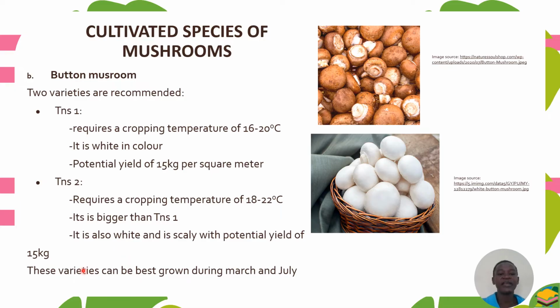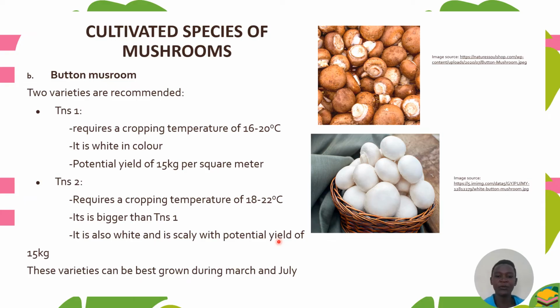These button varieties can be best grown between March and July. Why March and July? This is the time when the temperature is a little bit low. As you can see, the temperature range is between 16 up to 20 degrees Celsius.